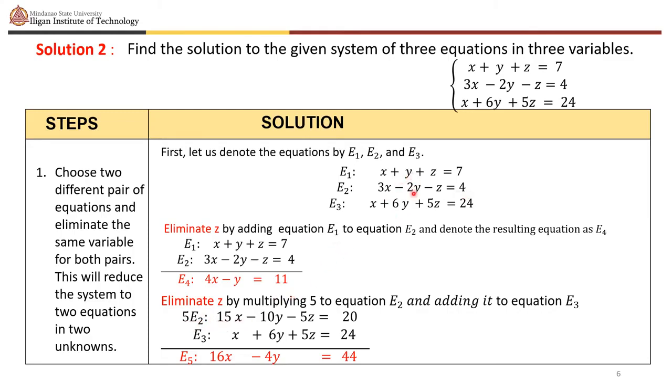Then we have minus 2y times 5 will give us negative 10y, negative z multiplied by 5 is negative 5z. 5 times 4 is 20 here. And then add it to equation e sub 3. So 15x plus x is 16x, minus 10y plus 6y is negative 4y. And we're able again to eliminate z here. And we have 20 plus 24 is equal to 44.